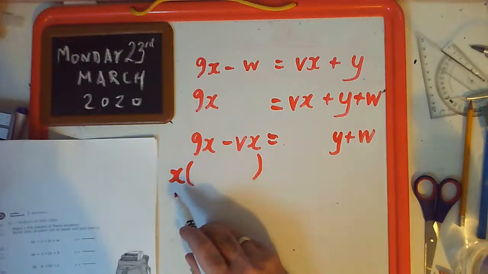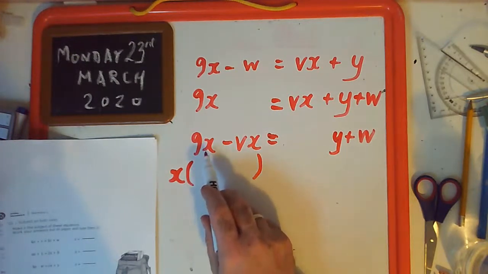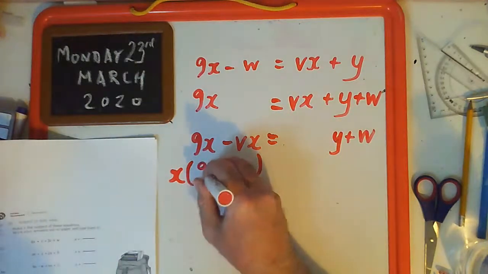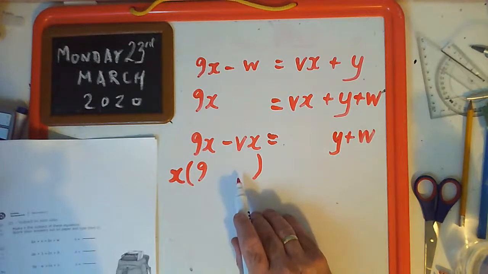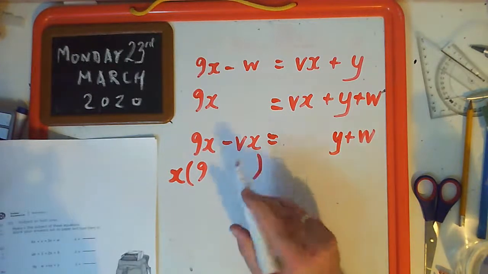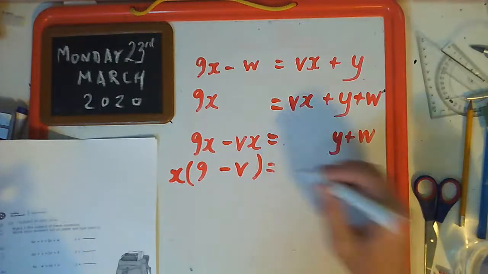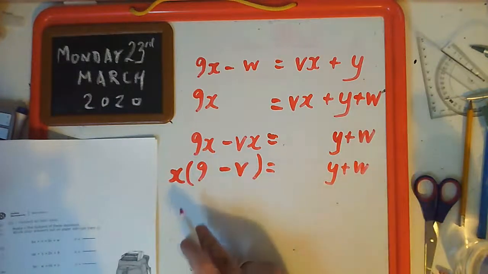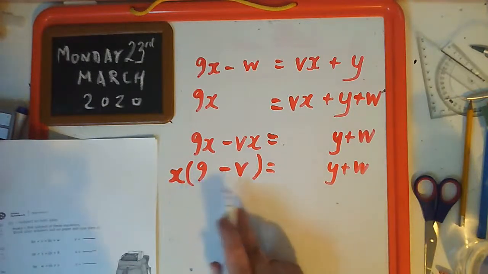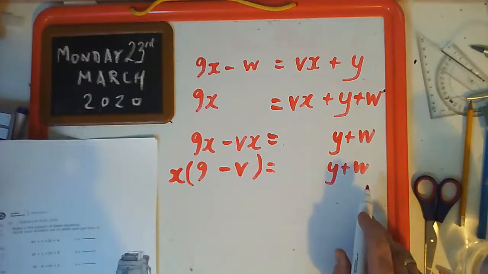So now I'm asking myself the question, x times what inside the brackets will give me the 9x, and that's 9. And then x times what in the brackets will give me the minus vx. So the answer to that is minus v. So I factorized the left-hand side and turn this into x times 9 minus v equals y plus w.